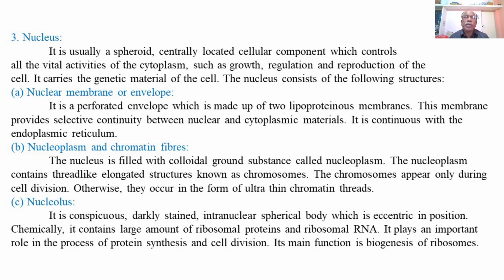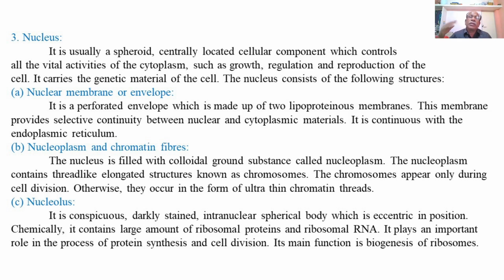So, the nucleus is filled with a colloidal ground substance called nucleoplasm. The nucleoplasm contains thread-like elongated structures known as chromosomes, and the chromosomes appear only during the important stages of cell division such as prophase, metaphase or anaphase.